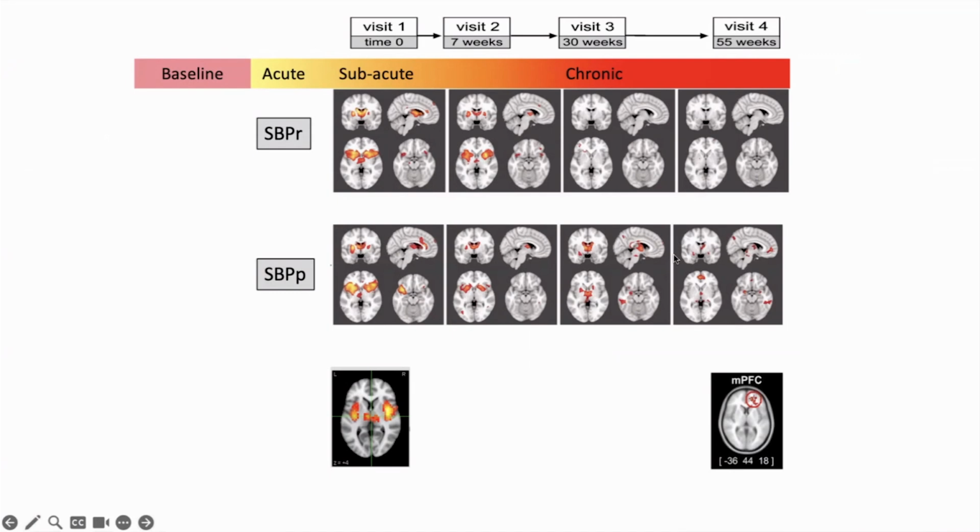So the brain is becoming more emotional, the perception is becoming more emotional, self-referential, and uniquely different from acute pain. So that's the evolution over time of brain activity from the transition from acute to chronic pain.